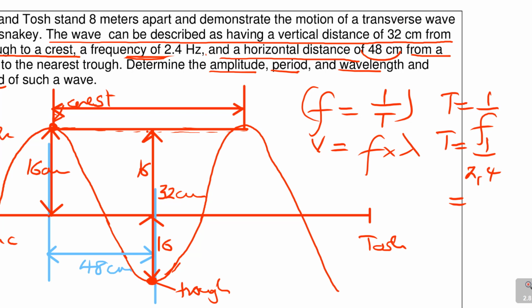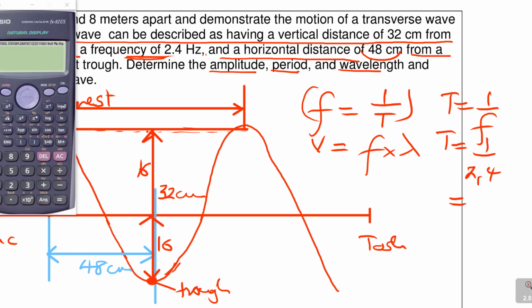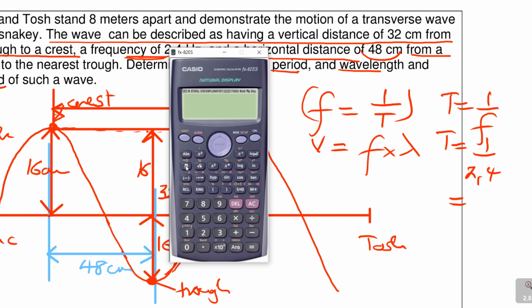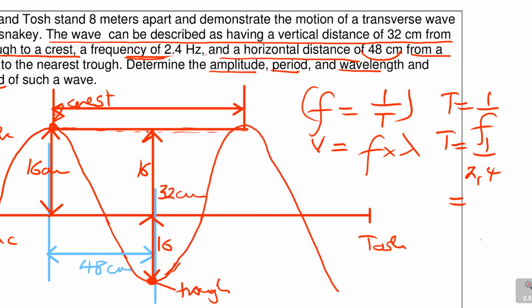It will give us 1 over 2,4, which is 0,417 seconds. Period is in seconds.